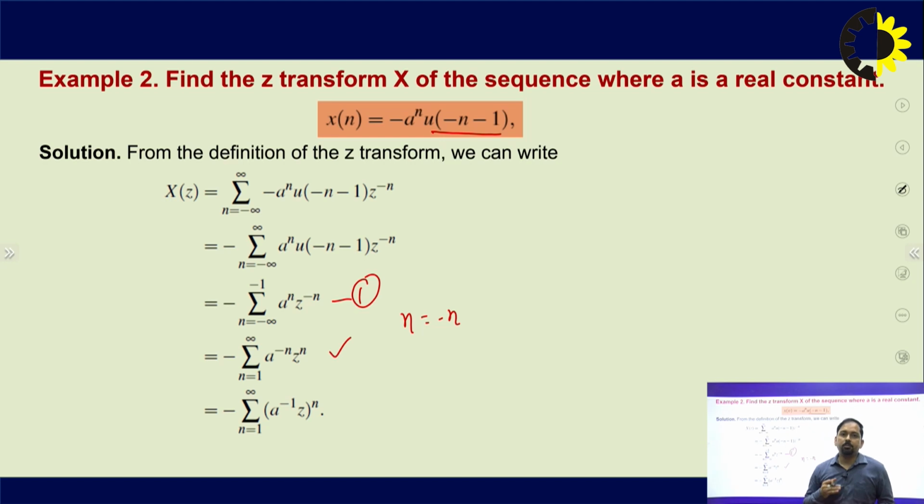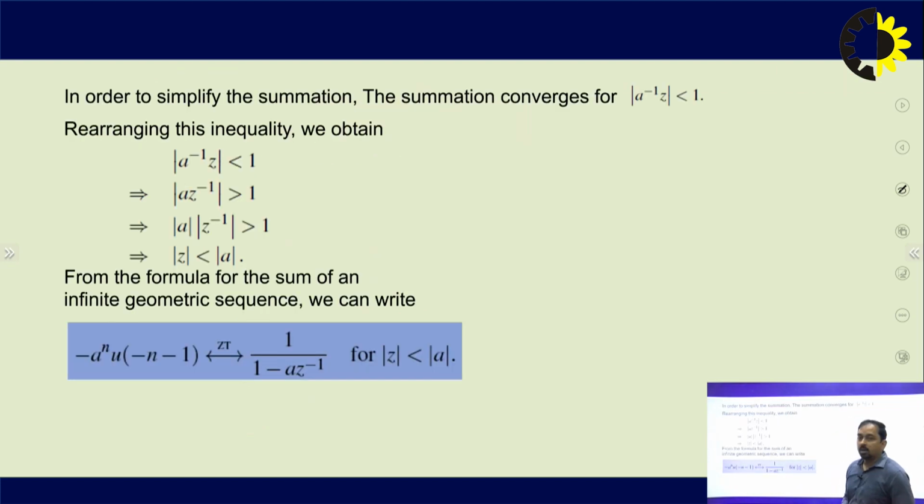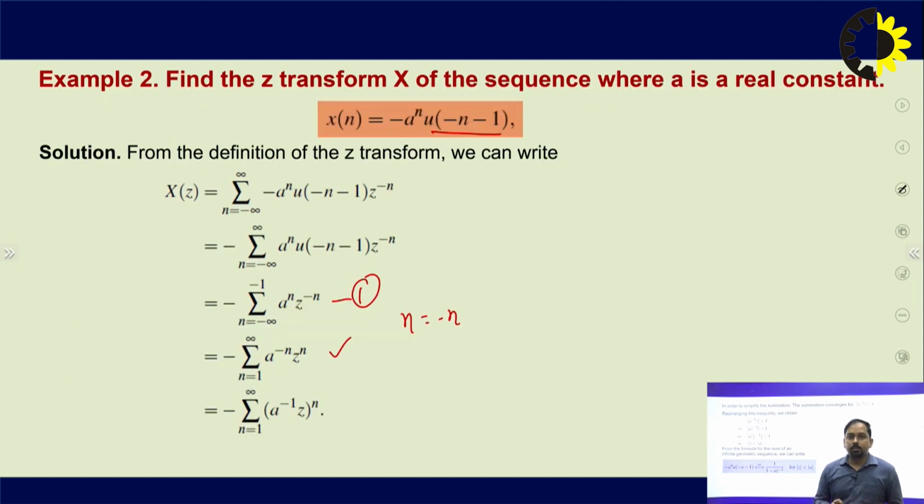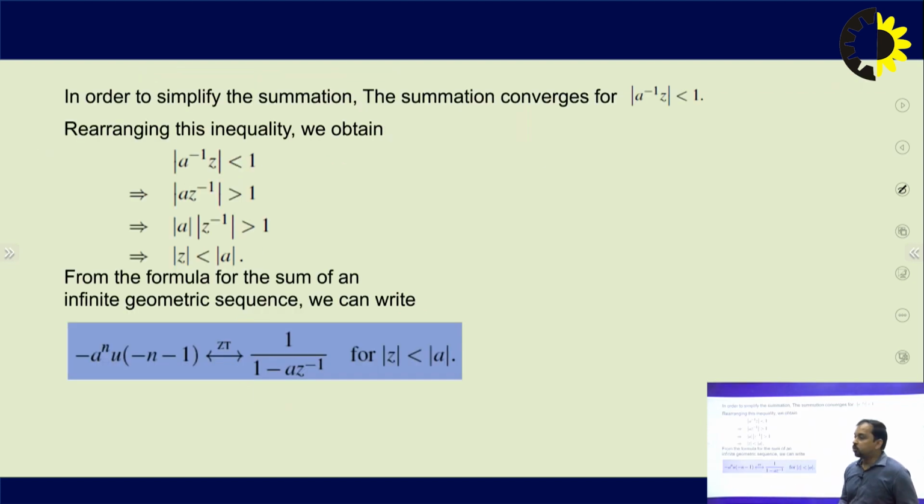Now we want to perform the summation. This summation will be possible only when this a inverse z quantity is definitely less than 1, because this is an infinite summation, and it only converges when this quantity is less than 1. So if we have the condition magnitude of a inverse z less than 1, correspondingly we have the region which is mod z less than mod of a.